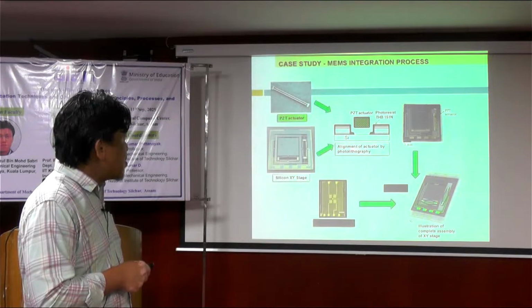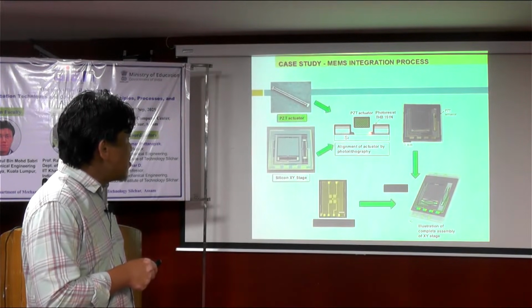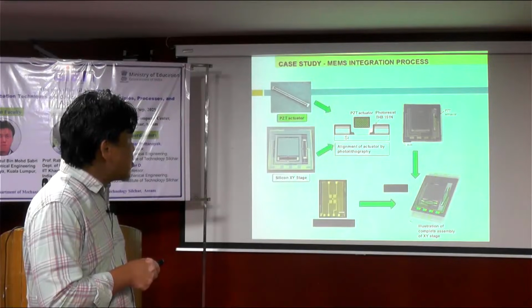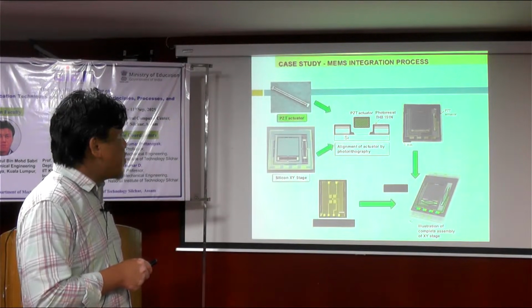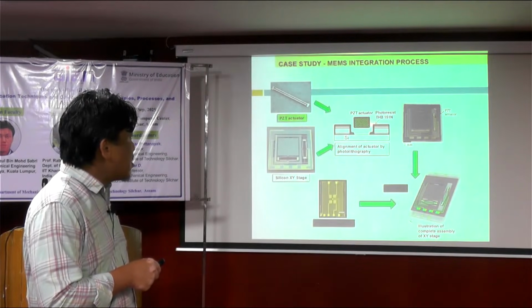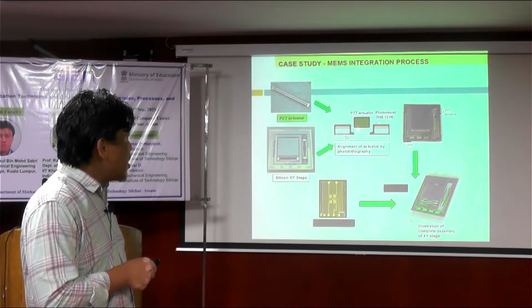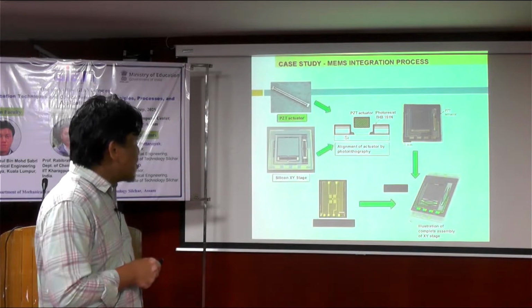That is where some alignment can be made here. In this case, the alignment is a pattern created using photoresist. So patterning using photoresist can create this kind of slot. Then you can just place the actuator here quite easily.